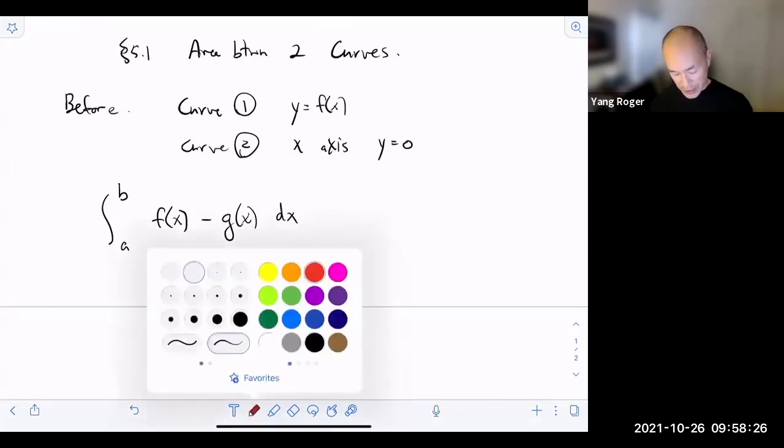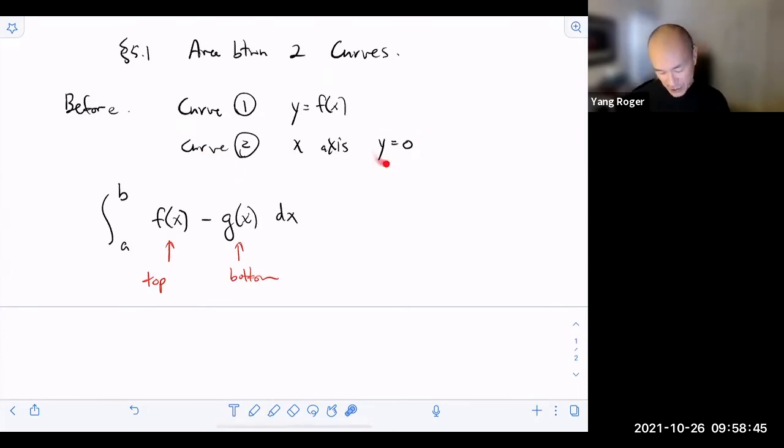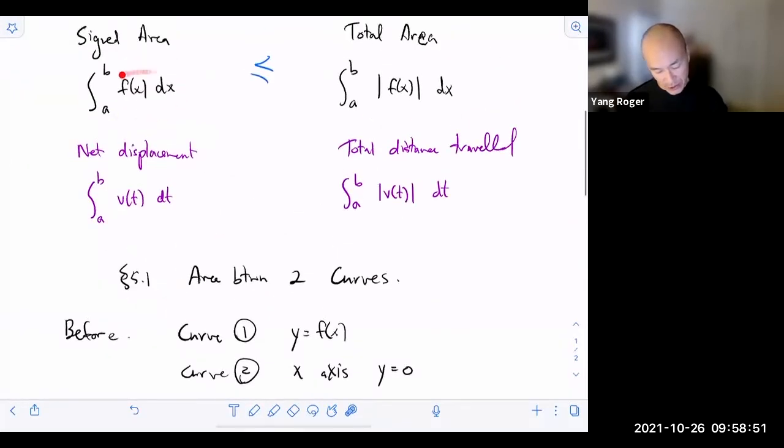Now, when you do this integration, this function is the top function, and this function is the bottom function, right? And this actually completely matches what we had talked about earlier, because if you think of the second curve as the x-axis, you're just basically putting a 0 here. And when you put a 0 here, that just gives you the original area that we had.